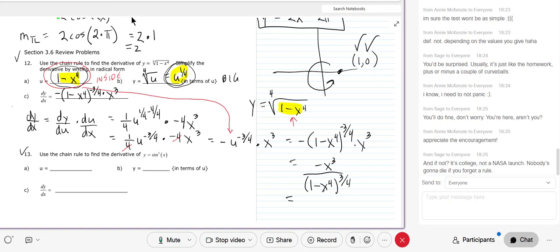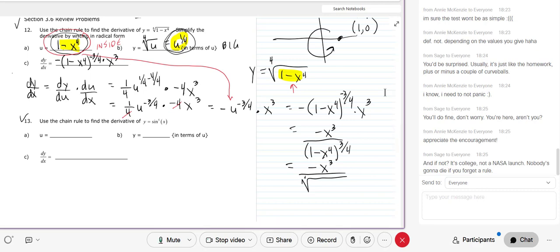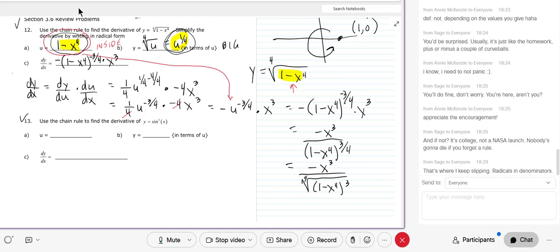Then change that back to a radical because my directions say write in radical form. So that's negative x to the third over the fourth root of 1 minus x to the fourth to the third power. That would be the final answer on the chain rule. So you definitely want to make sure that you know how to do this. Again, you've got to make the negative exponent positive and then change that back to a radical form.